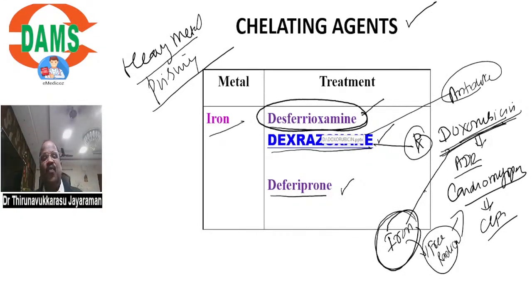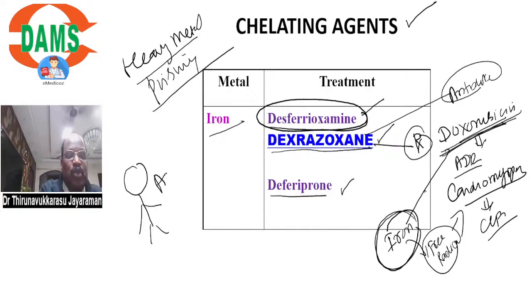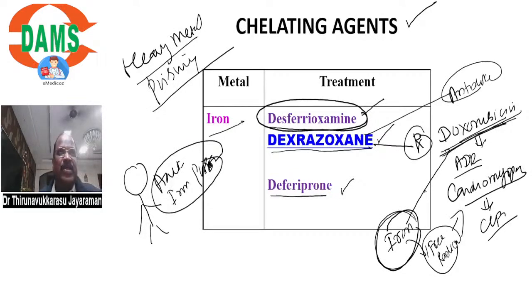So, two points. If a patient has chronic iron overload, usually this occurs in patients who undergo repeated blood transfusion, for them the best is desferrioxamine or deferiprone. Whereas for an antibiotic anti-cancer drug like doxorubicin causing cardiomyopathy, to control its toxicity we give dexrazoxane as an iron chelator.